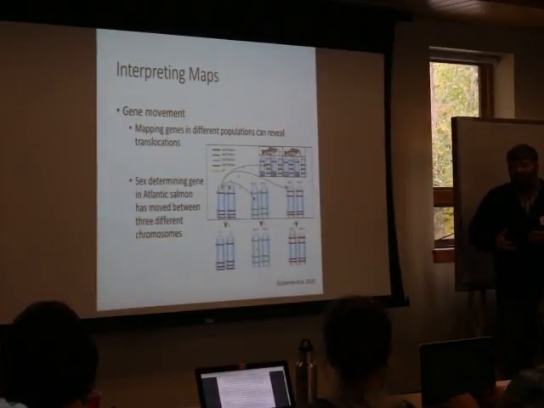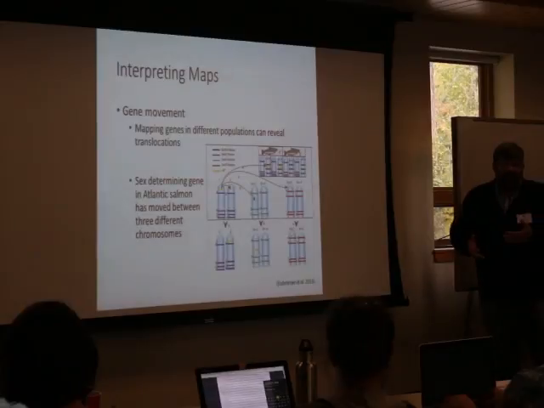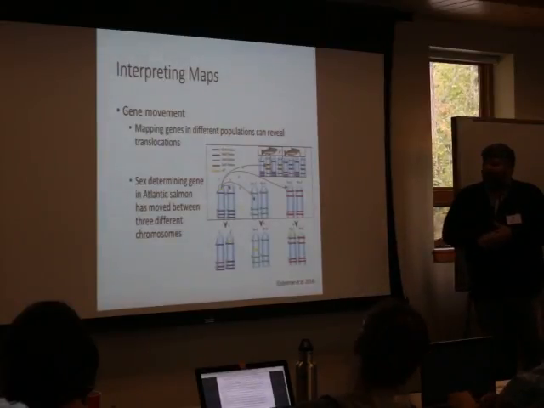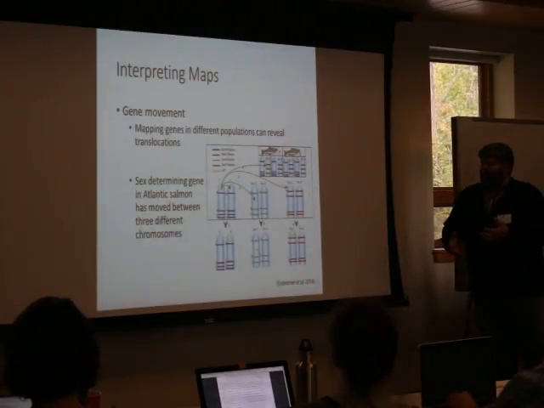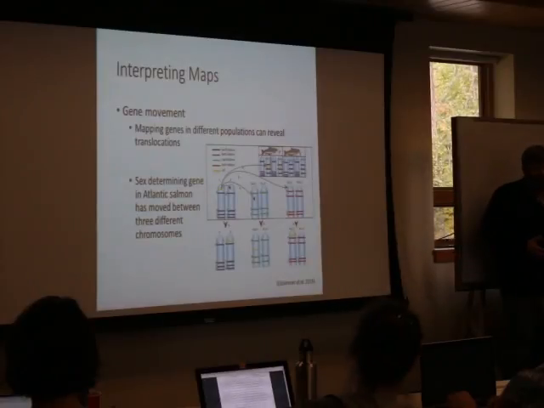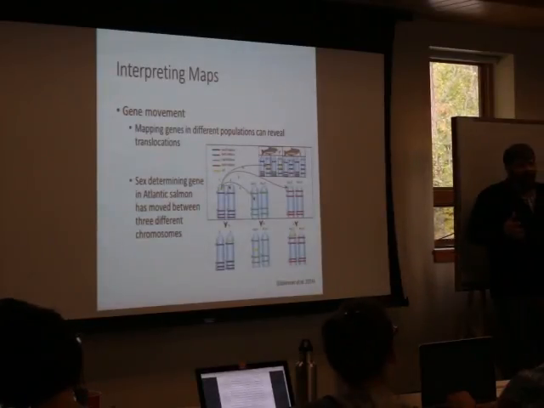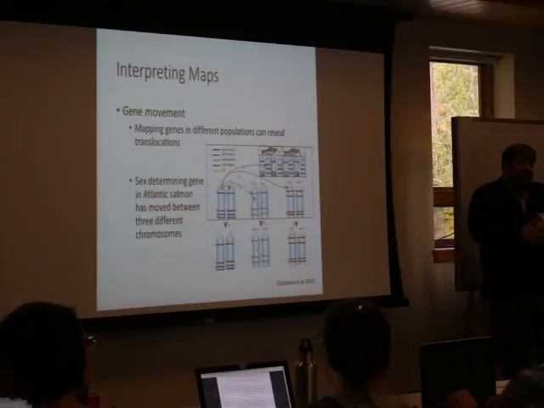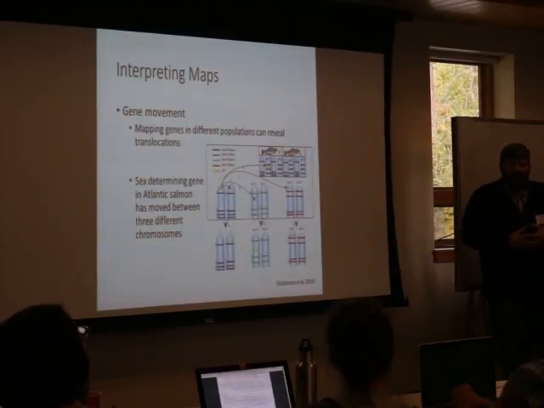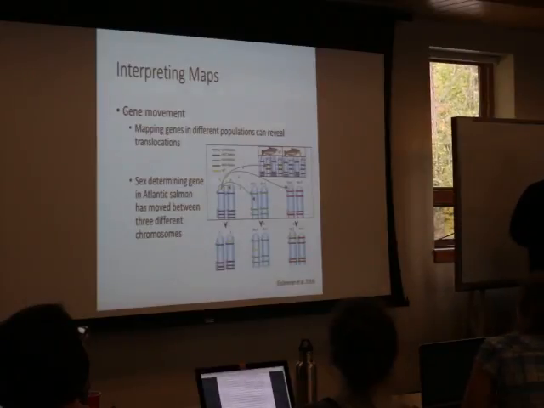Another thing that you can see is the movement of loci across linkage groups. A lot of times that would be a red flag. If you see a marker that's moving around, especially between linkage groups, that normally doesn't happen. And so a lot of times you see that and you think something's just wrong with your data.